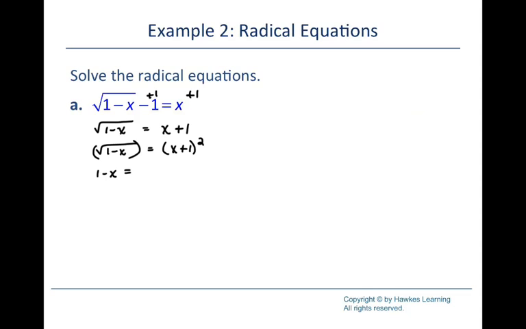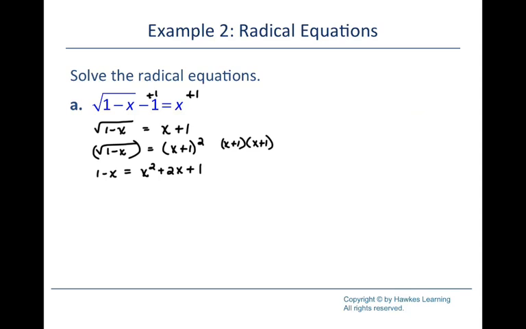But in this case, we have x plus 1 times x plus 1, and so we have a quadratic when we multiply that out. So that's going to end up being x squared plus 2x plus 1 when I multiply it out.